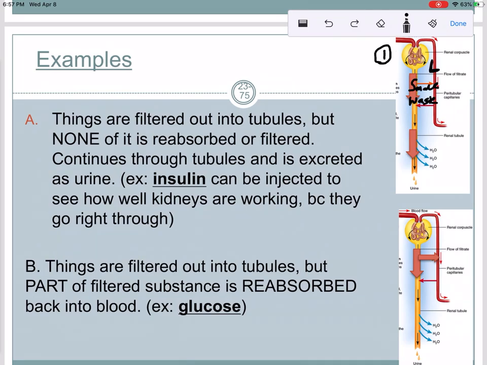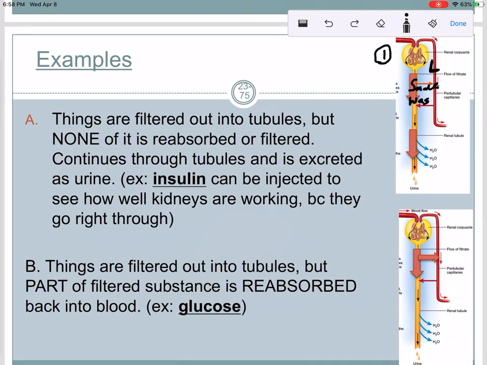So that means that the initial filtration by size of the glomerulus is all we need to do. Because it was small, it went into the tubules. And if it's identified as a waste product, we have nothing else to do but to keep it in the tubules to be excreted as urine.